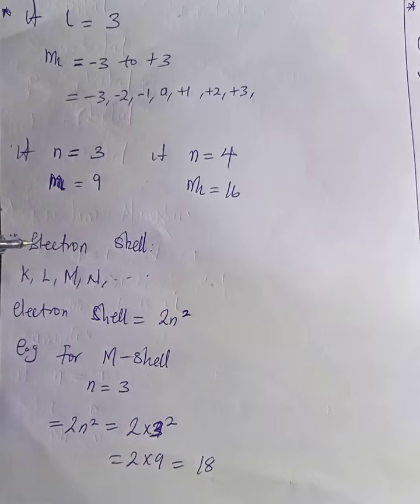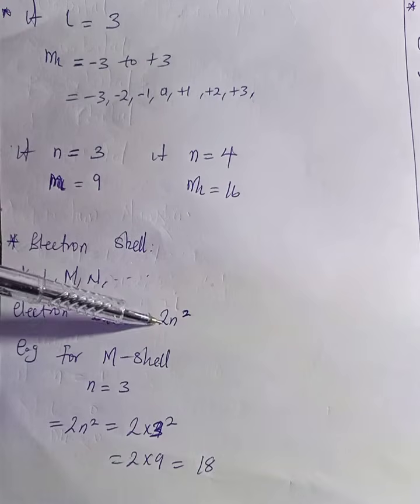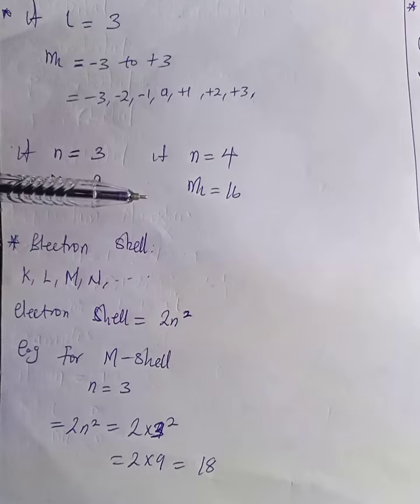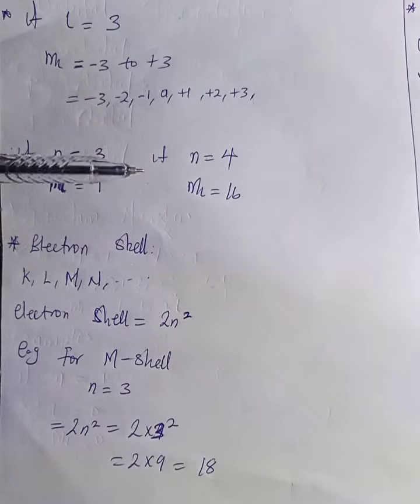Now, there's something also called electron shell capacity. Electron shells can be the K, L, M shells, and the formula to get the capacity that these K, L, M shells can take is given by 2n raised to power 2, where n is the electron shell number, or it is synonymous with the principal quantum number.